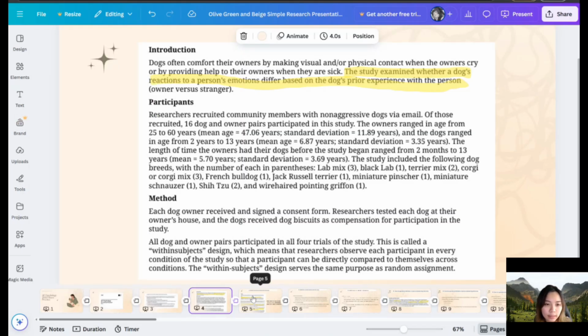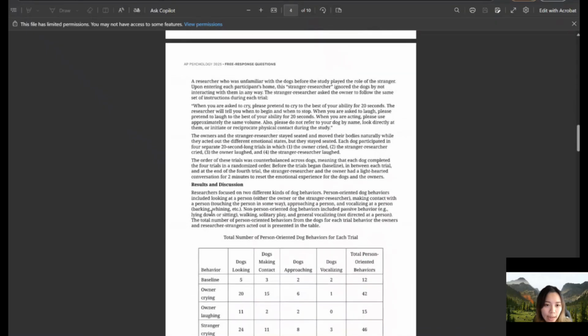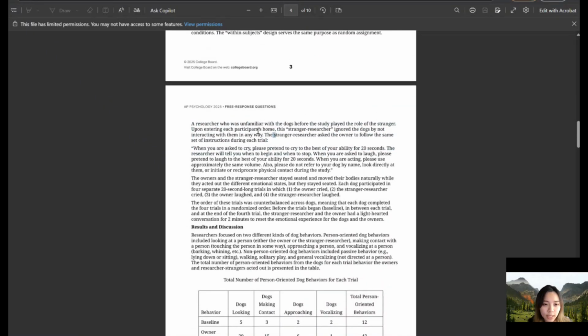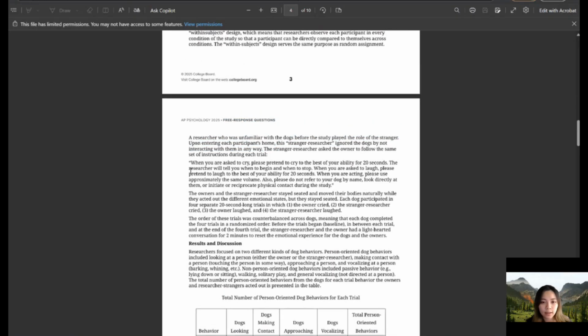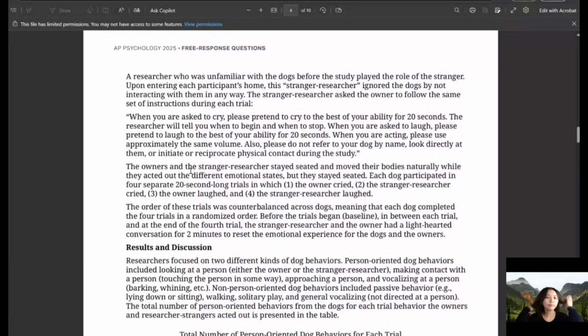Okay, let me see. There are actually some other parts of the method, and let's just skip the first paragraph because that is not that important for today. Let's just start from here. So the stranger researcher asked the owner to follow the same set of instructions during each trial. When you are asked to cry, please pretend to cry to the best of your ability for 20 seconds.